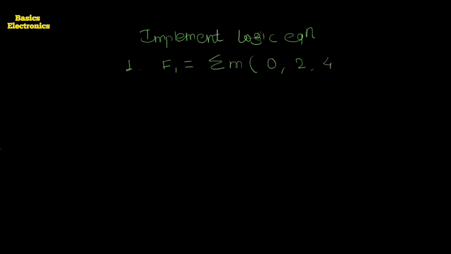Implement the example. You can write down: implement the logical equations by using the demultiplexer. The equations are like this. Number 1, F1 equals summation of minterms in bracket 0, 2, 4.